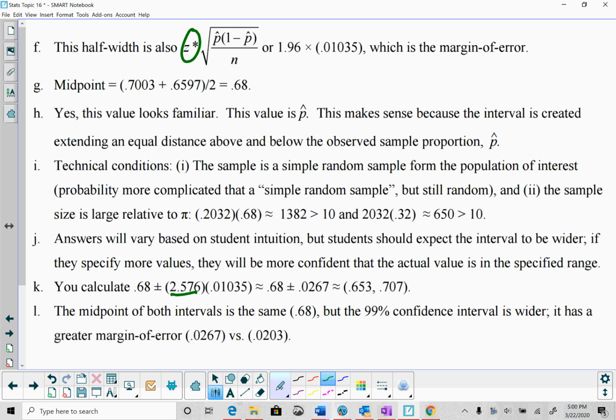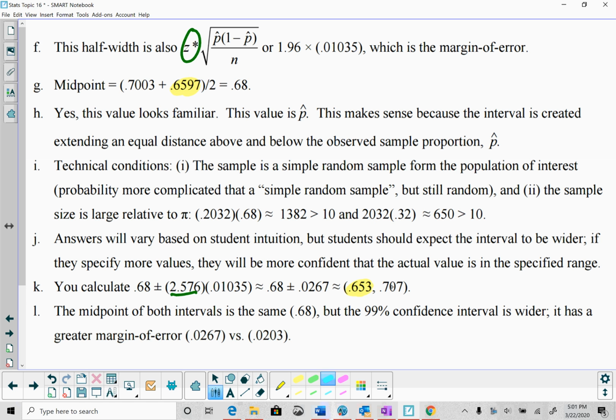Now again, compare. Here's the low end, 0.653. For our other, the low end was 0.6597. The 99% confidence interval is wider. This number is further from our central statistic.